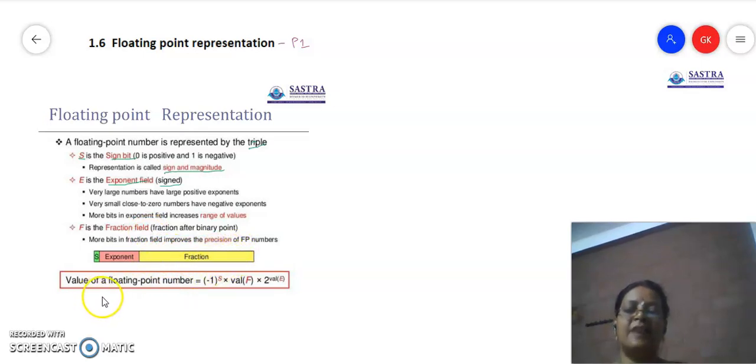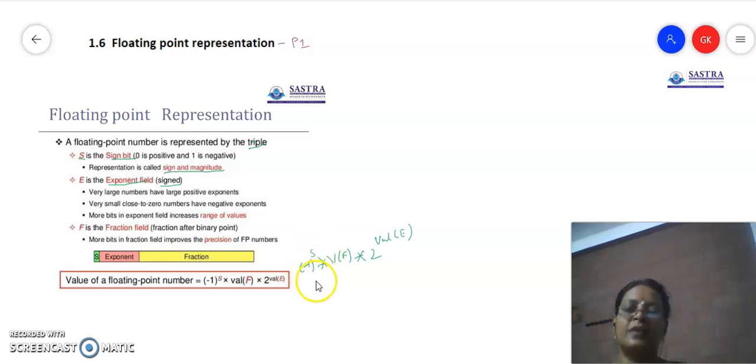So generally, the value of any floating point number, if it is represented like this, will be calculated like this. We will have the exponent, that is nothing but 2 raised to the power of the value of the exponent. This has to be multiplied with the value of the fraction whatever we have given here. And of course we have the sign, and this sign is attached only to the fraction part, so this has to be multiplied with minus 1 to the power s.